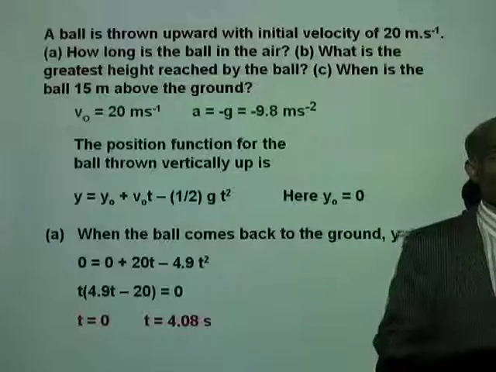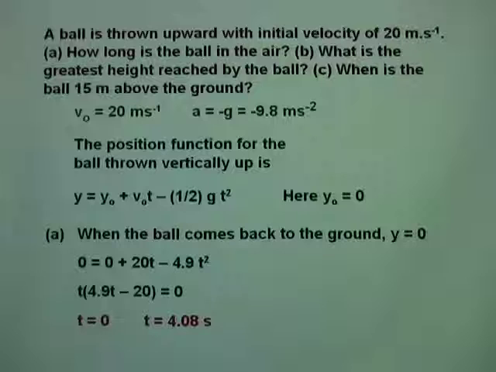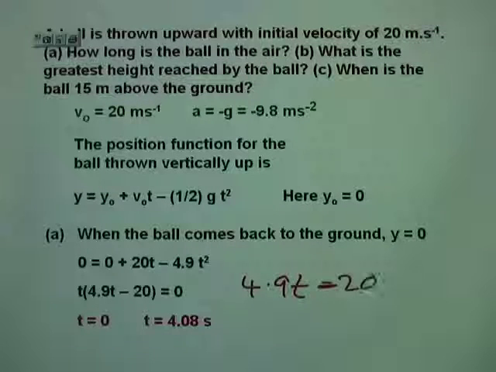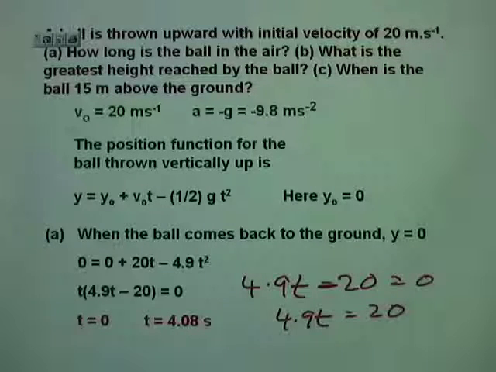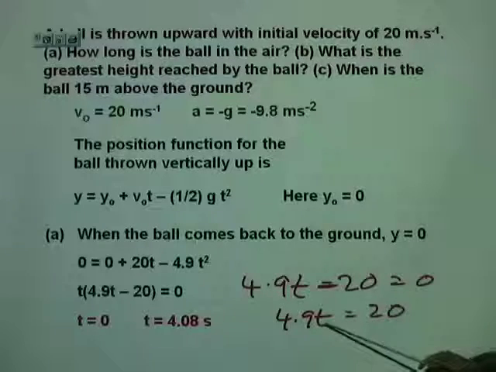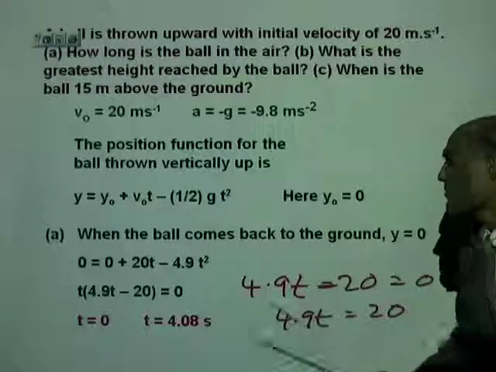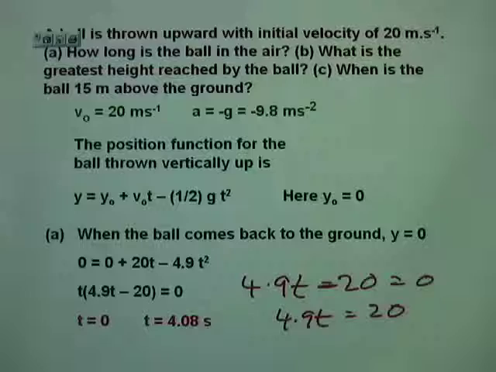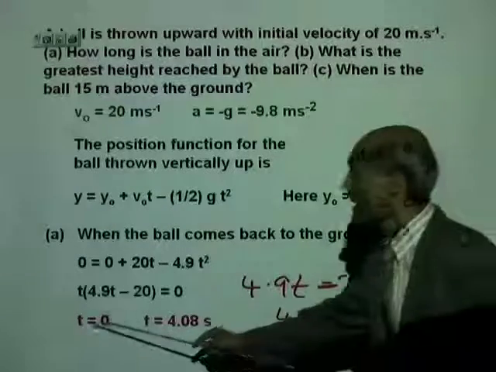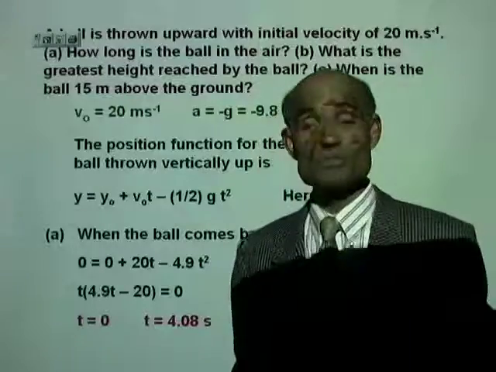What does that give you? You see? For those who are not following this, I set the second factor to 0. 4.9t minus 20 equal to 0, or 4.9t equal to 20, or t equal to 20 divided by 4.9, which is 4.08 seconds.